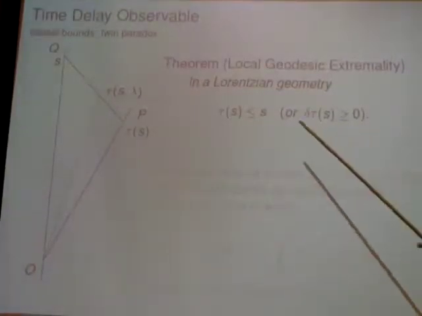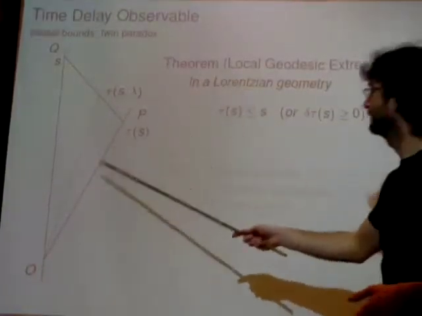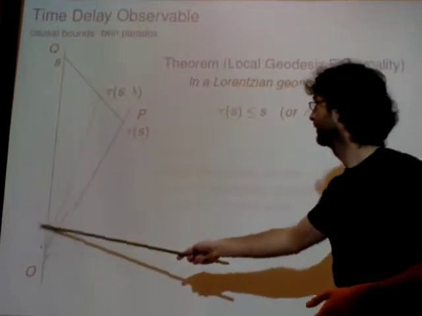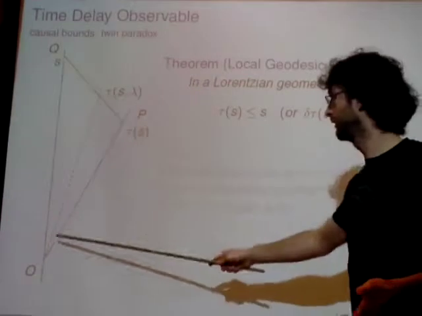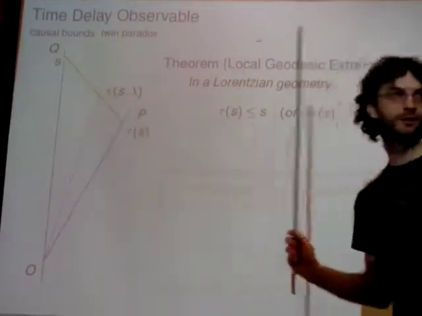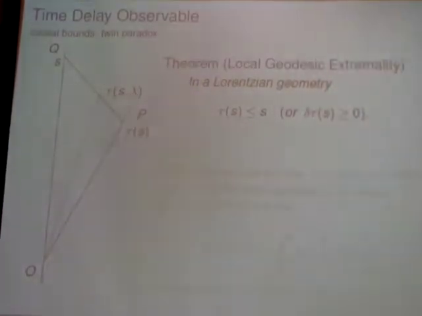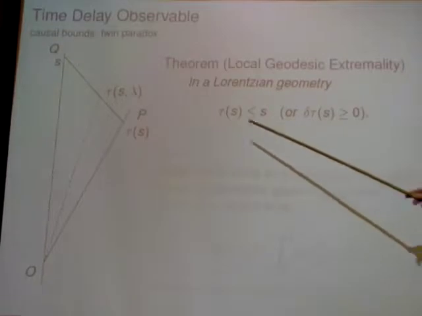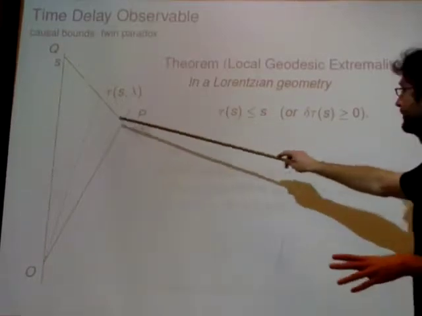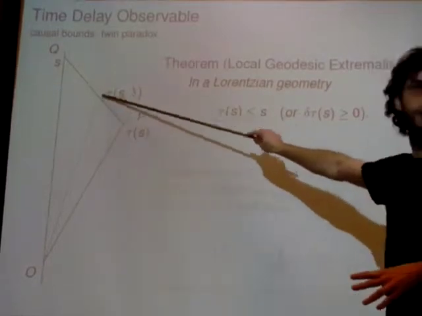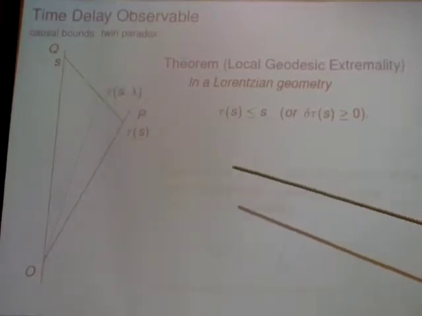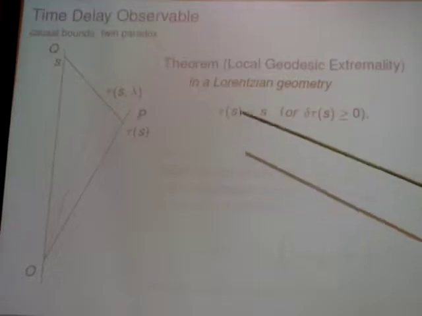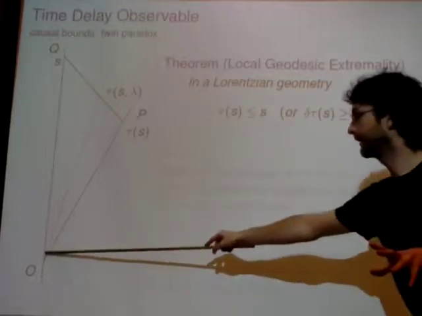The twin paradox essentially tells you that the proper time along this curve is going to be greater than along this one. It's a little bit tricky because this is a null segment and not a timelike one, but you can essentially adapt the general proof that tells you that this is in fact the case.